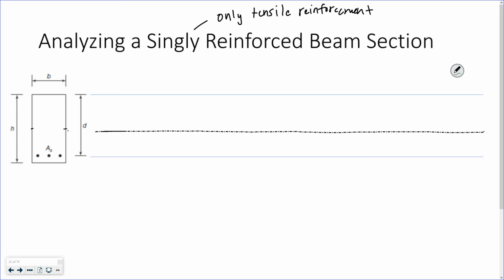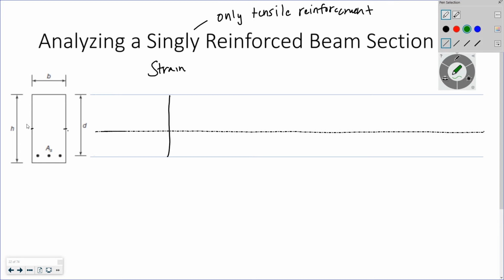So we are going to draw our strain profile. That's just a vertical line. If we look at our strain, we said it's linear over the depth, so it goes like this.